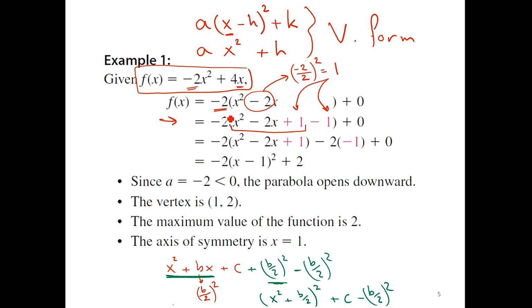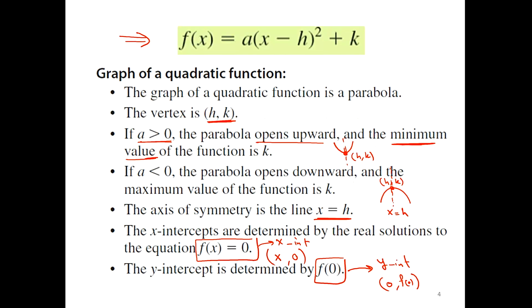But we need to find the negative 2 multiplied by negative 1, and this is put outside the brackets. Okay, no need minus 1 inside the brackets. So we need minus 1 outside the brackets, but minus 1 multiplied by negative 2, so we have 2 here, sorry.